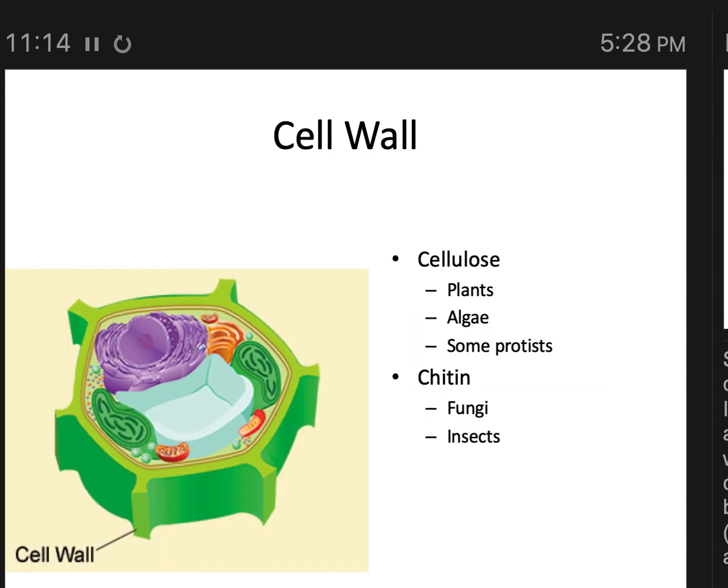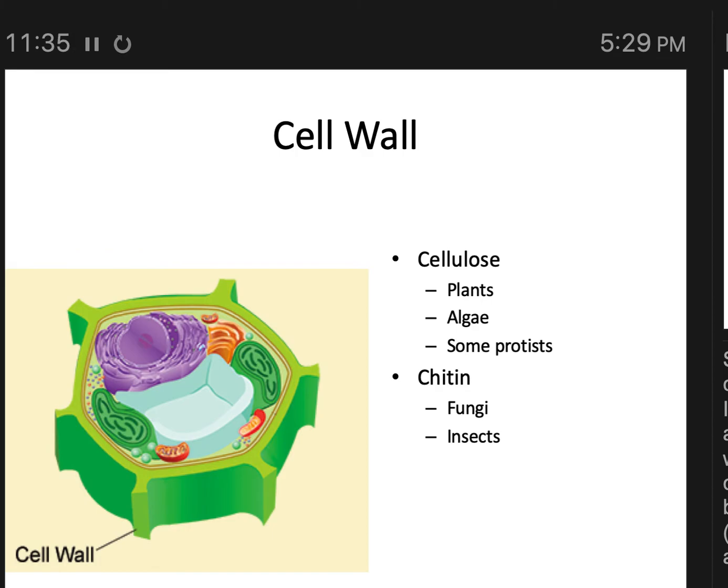Some eukaryotes have a cell wall, which is functionally similar to prokaryotic cell walls, but is structurally different. So the plant cell wall, so plants and fungi have the cell wall. So these cell walls are not made out of peptidoglycan, and they're not made out of pseudomurein.